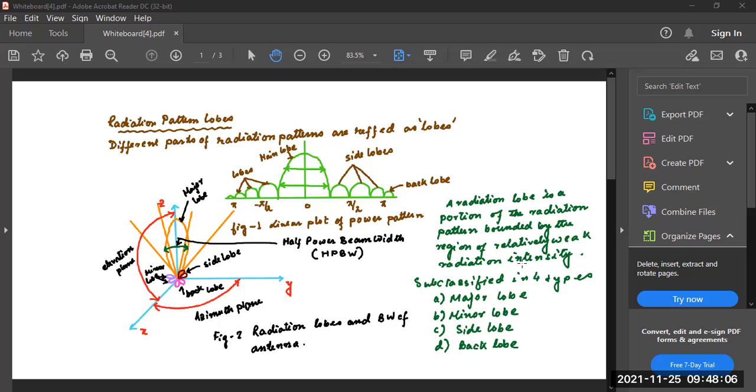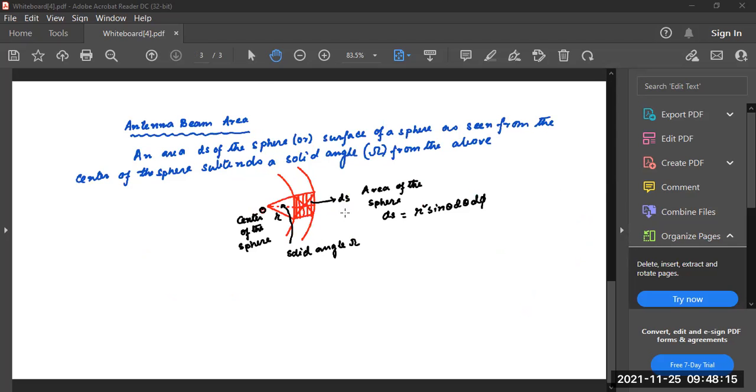After the radiation pattern, we talked about antenna beam area. That was not any problem for us. Up to this, everybody has been cleared and nobody has problems on this. So let us go to the next module that we are going to discuss today.